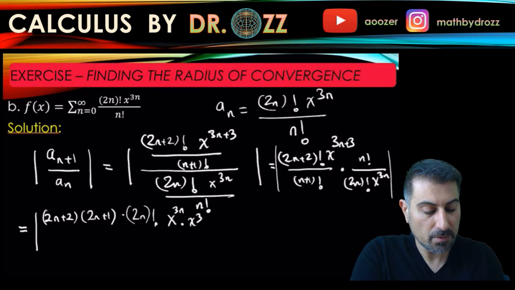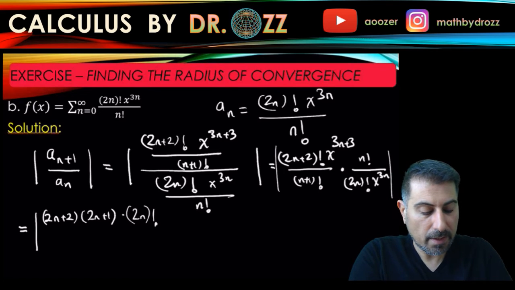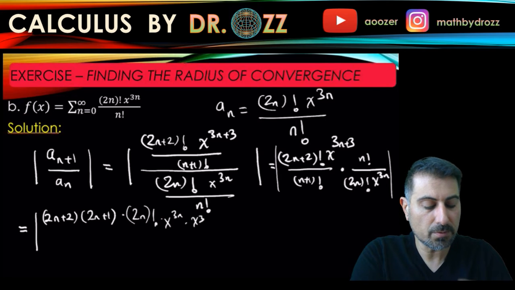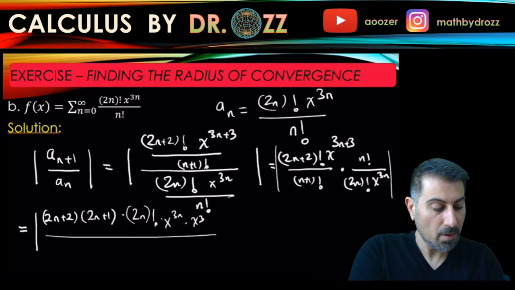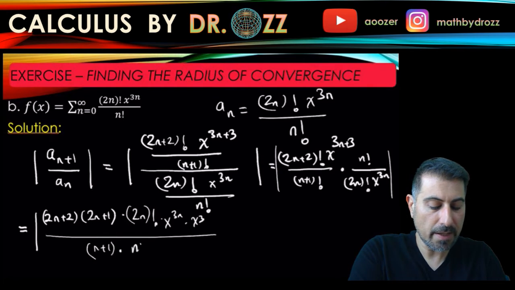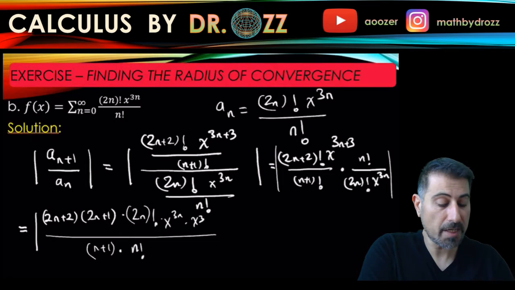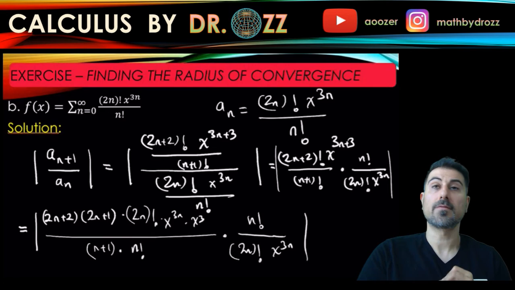Let me not mess this up. All divided by (n+1)! is (n+1) times n!, and then n!, and x^(3n).